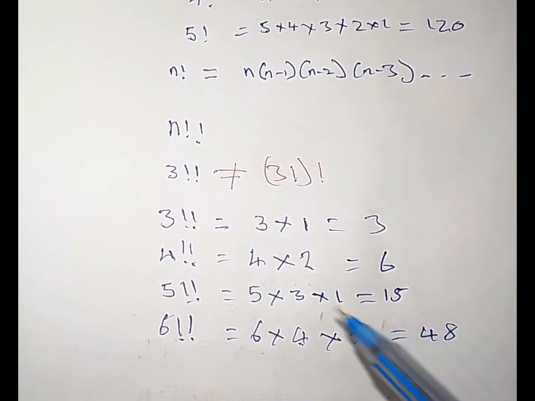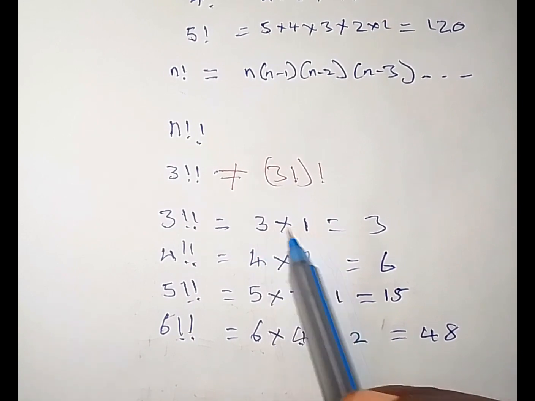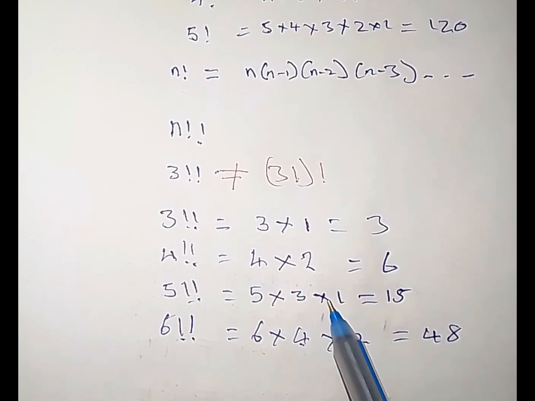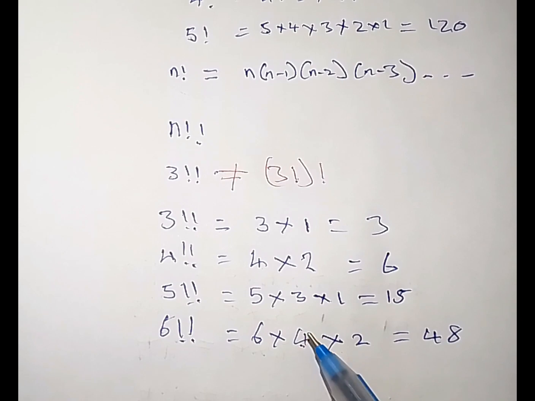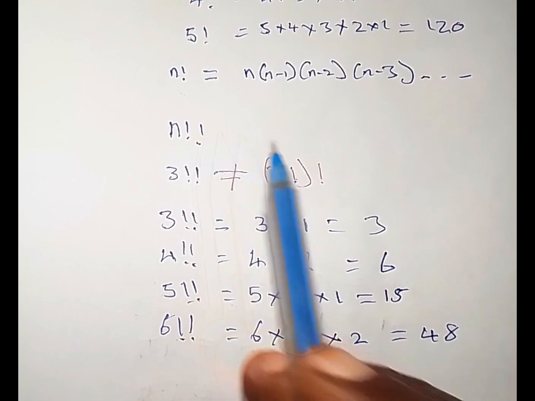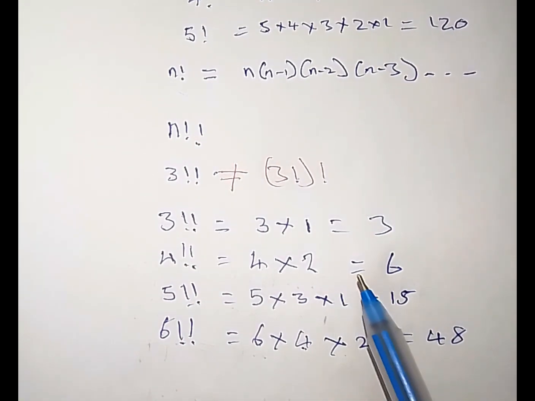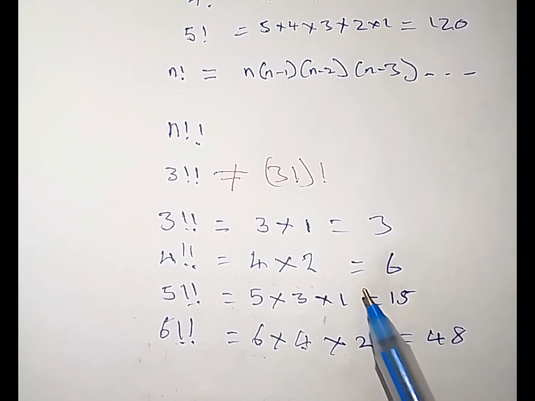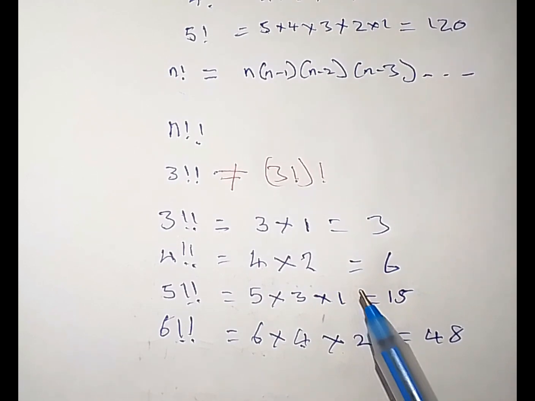Now, if we look at this, you can see that I'm only having a difference of 2 from here, and from here. I'm also having a difference of 2, a difference of 2, a difference of 2. So that is how you multiply all the numbers. So the double factorial of any given number is going to be the multiplication of all the positive integers from 1 to n that have the same parity, meaning odd or even, as n.